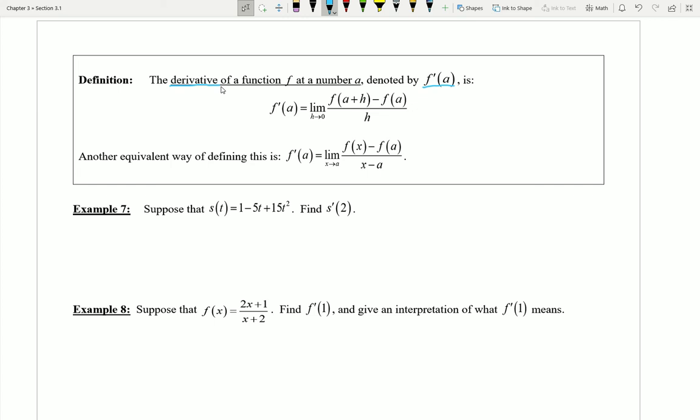And remember, when you hear the word derivative, you know that means find the slope of the tangent line, or find the instantaneous velocity.